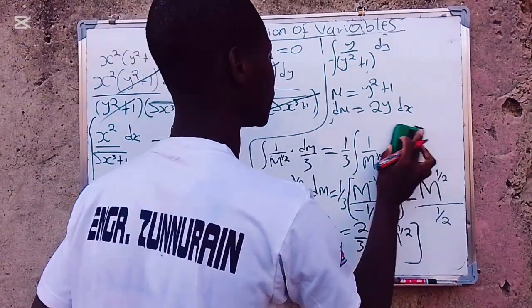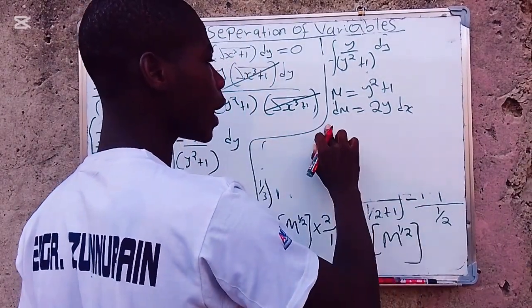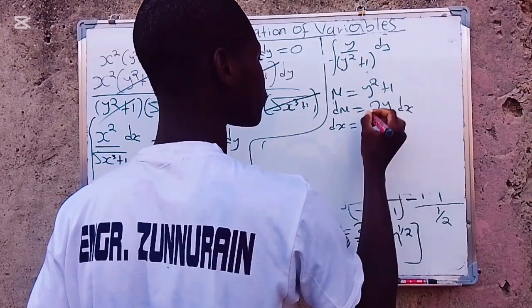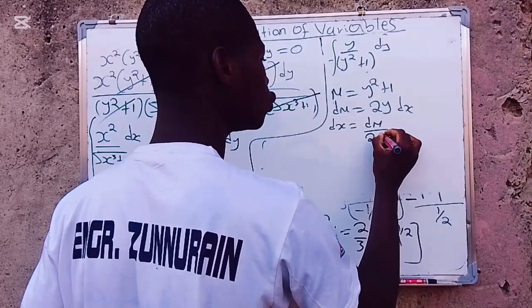So this is the value of dn. So what about dx? If I divide both sides by 2y, I will end up with dx shall now be equal to dn by 2y.